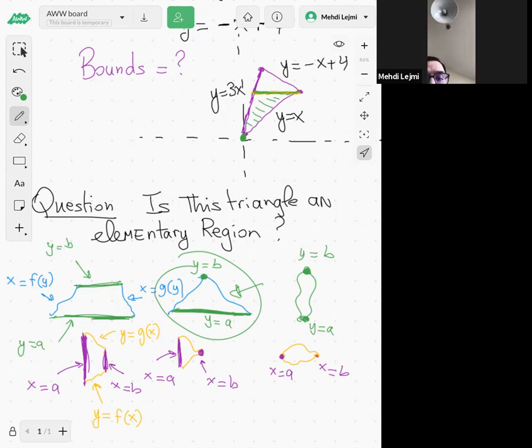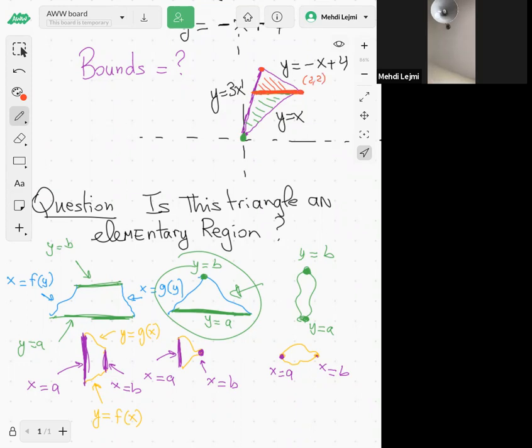Now the second region is the second subtriangle, this one here. And this is also an elementary region, because I'm connecting this point to this horizontal line. So what's the equation of this horizontal line, for example? This is the point (2,2), right? The y coordinate is equal to 2.